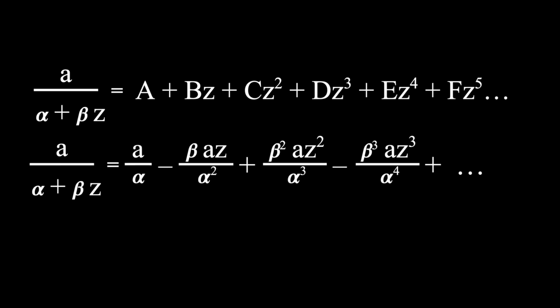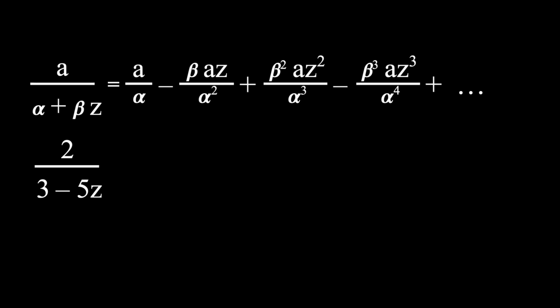So let's see an example. We'll set little a to be 2, alpha to be 3, and beta to be negative 5. So we would have 2 over 3 minus 5z.